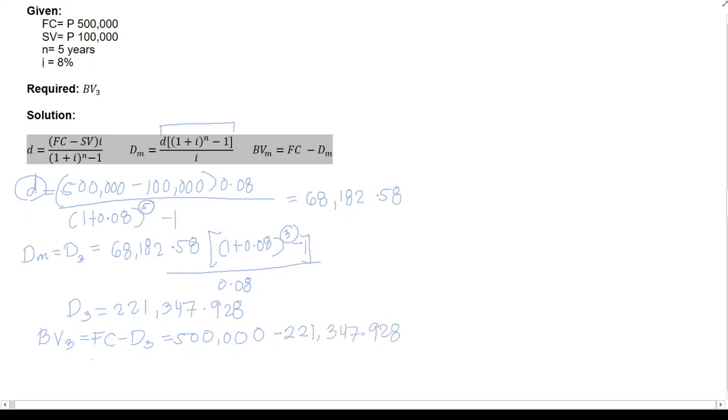So the book value here at the third year is already equal to 278,652.072. So that is the amount of the equipment at the third year. Okay, so that will be our solution 1. Okay, so solution 2, now we use compound interest.